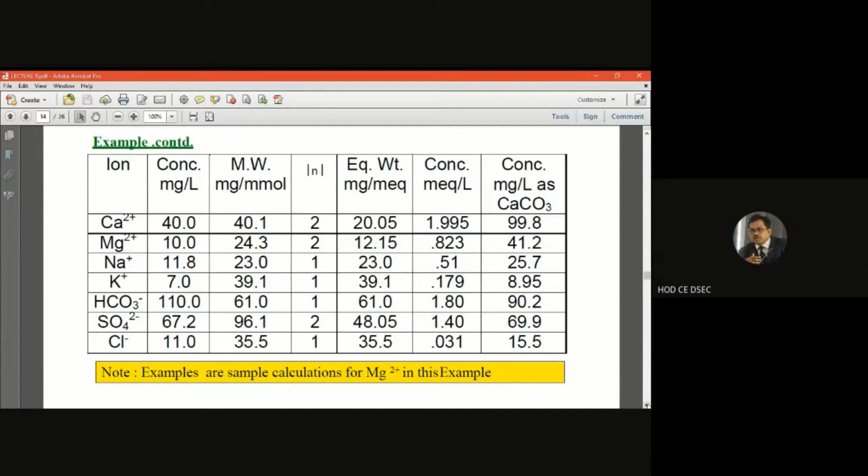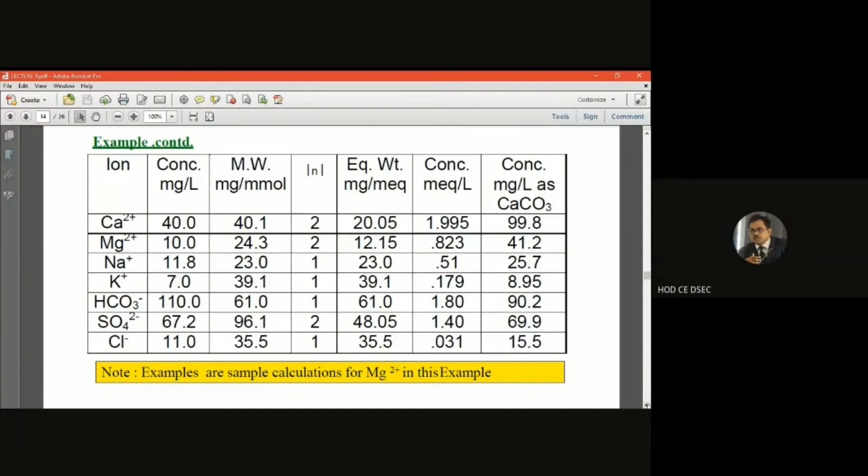It is simply 40 by 20.05, that means 1.995. So this is the thing, and so on. Like magnesium, sodium, chloride, we can find out the concentration in milliequivalent per liter by dividing concentration by the equivalent weight.